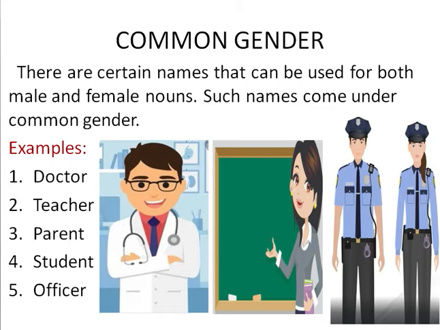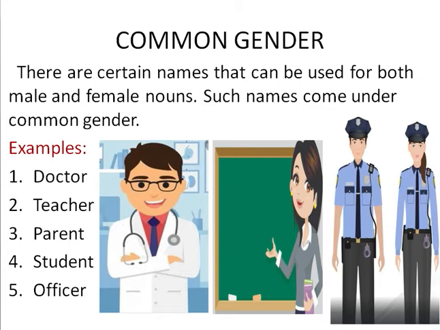Common gender names are certain names that can be used for both male and female nouns. Such names come under common gender. I mean, by looking at those names, we can't say whether it's male or female. Some examples are doctor, teacher, parent, student, and officer. I will give you one more example.